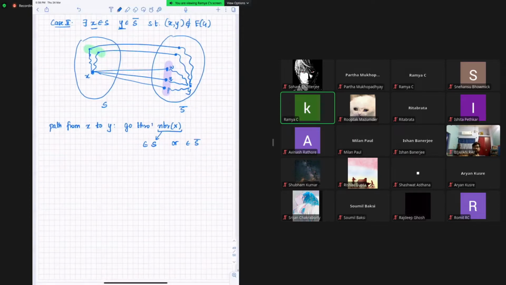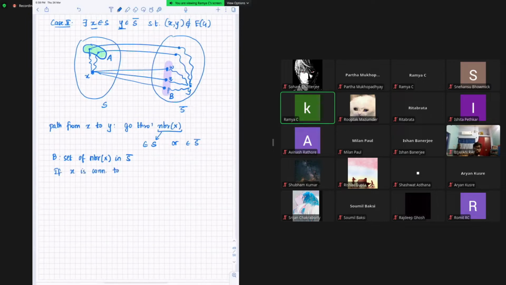So let's give a name to this set. Let's call this B. So B is the set of neighbors of X in the set S bar. And let me call this set A. So how do I write this in English? There's no math.